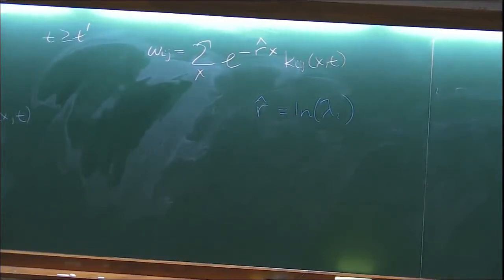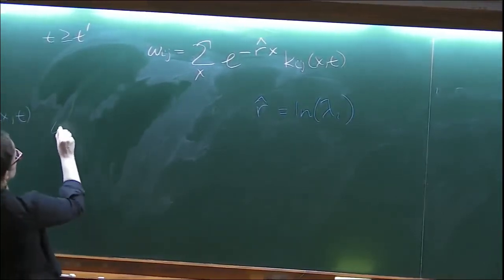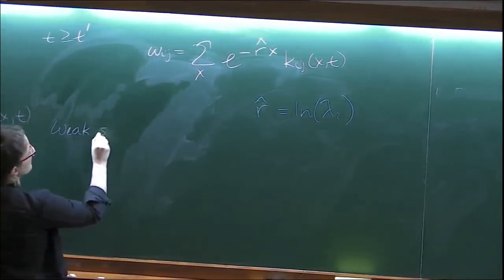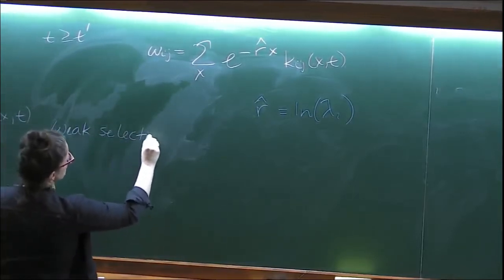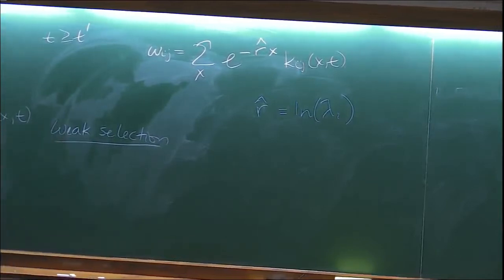So I'm going to use weak selection. And I need to define what I mean by weak selection. Now, I've erased my transition matrix, but I'm going to define weak selection with regard to how much my transition matrix changes if I have a different genotype.